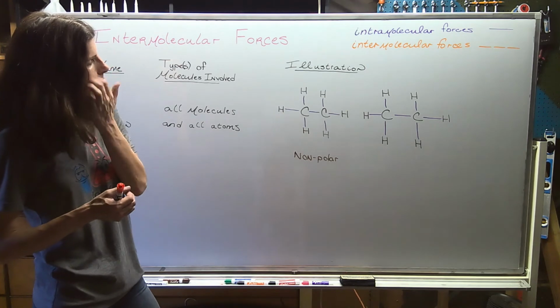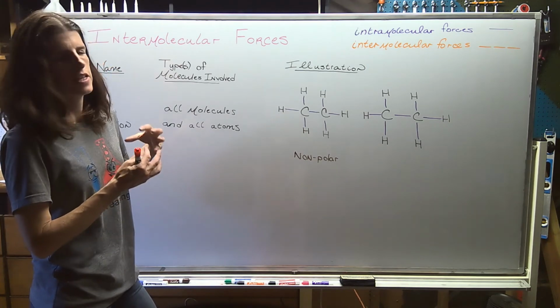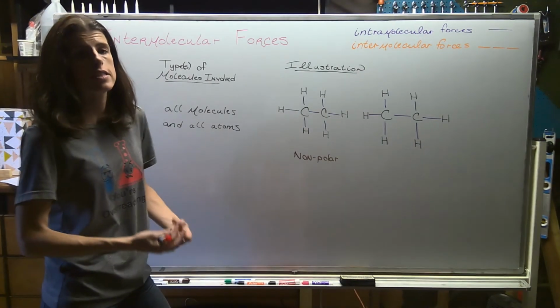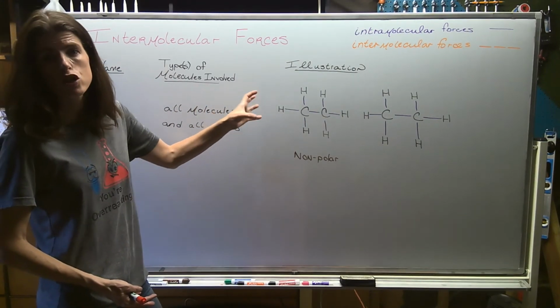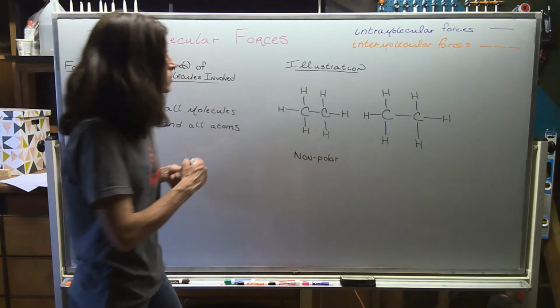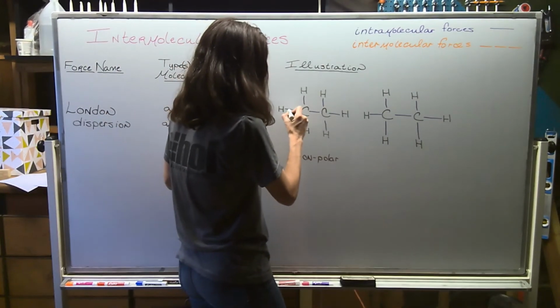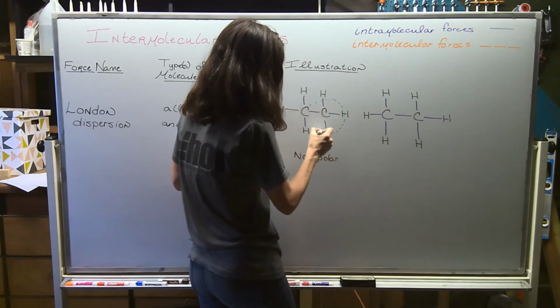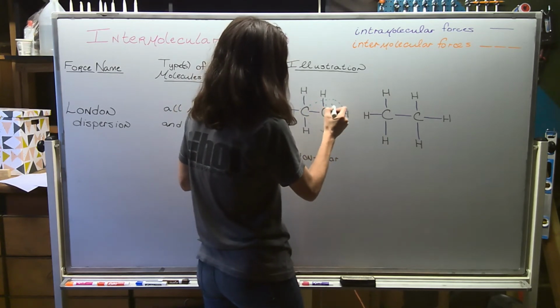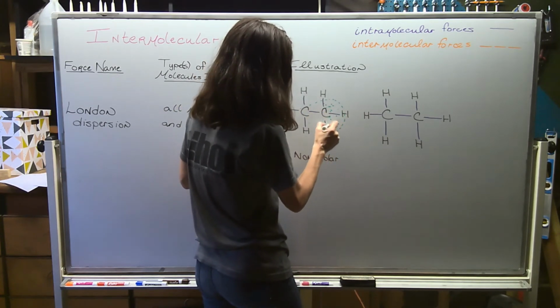So what happens is that we have this induced dipole or this temporary dipole. So something else comes along and pushes or pulls those electrons, and all of a sudden the electron cloud temporarily moves to this side of the molecule.